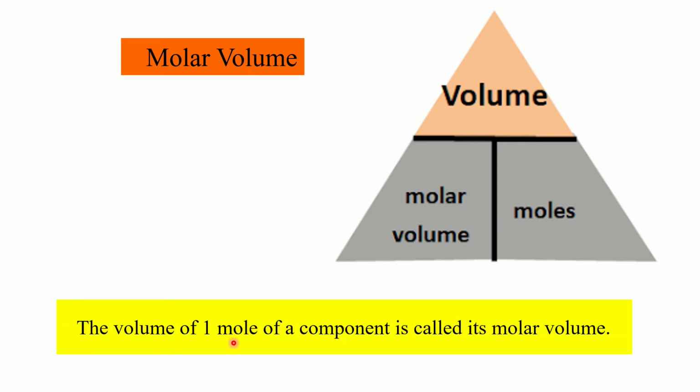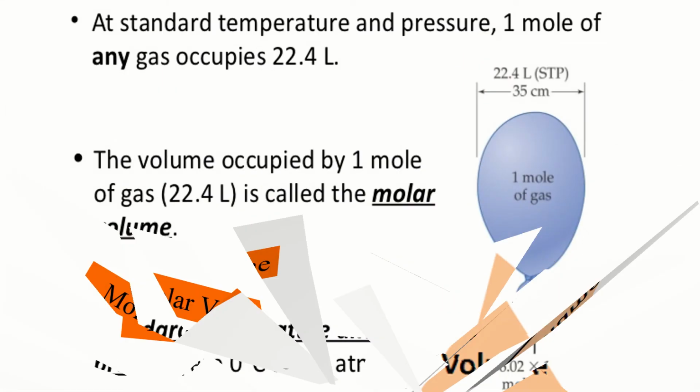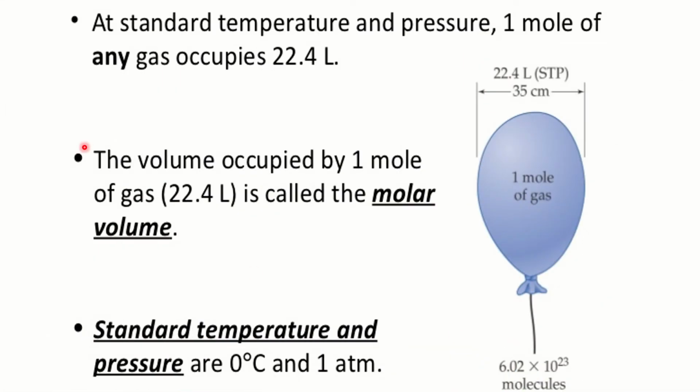The volume of 1 mole of a component is called its molar volume. And this molar volume is fixed for every gas at standard condition, that is, at standard temperature and pressure. Standard temperature is 0 degree Celsius, and standard pressure is 1 atmospheric pressure.